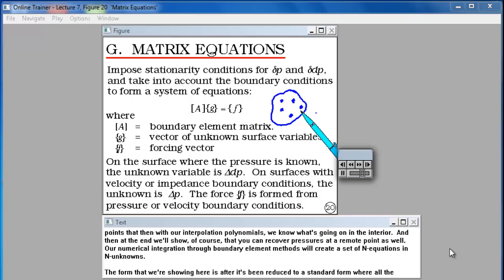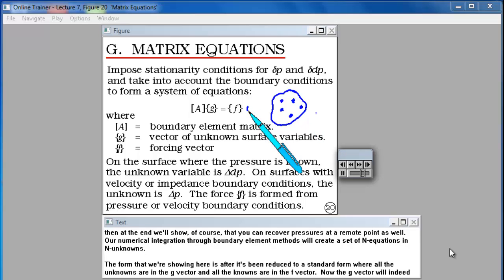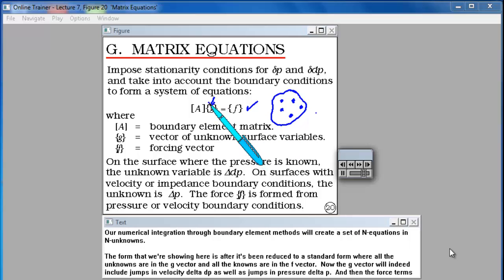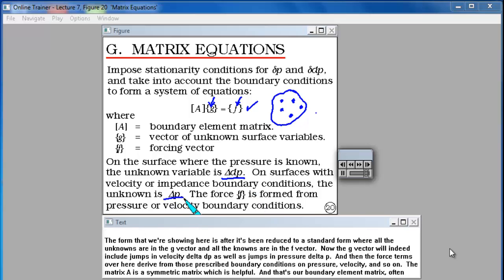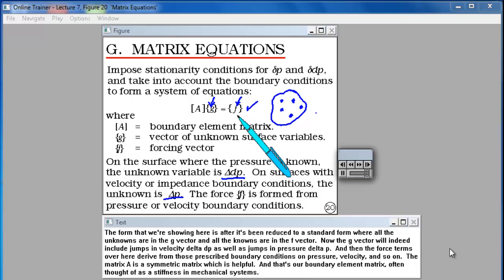The form that we're showing here is after it's been reduced to a standard form where all the unknowns are in the g vector and all the knowns are in the f vector. Now, the g vector will indeed include jumps in velocity, delta dp, as well as jumps in pressure, delta p. And then the force terms over here derive from those prescribed boundary conditions on pressure, velocity, and so on.